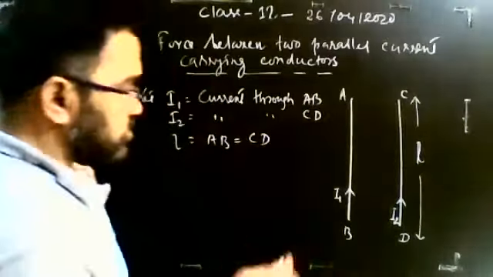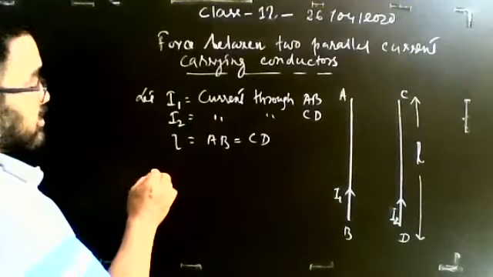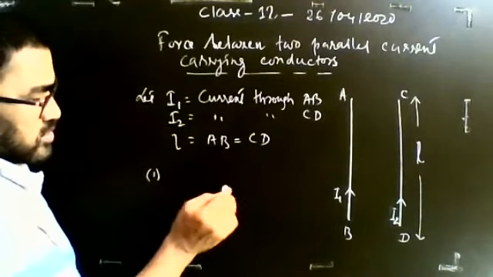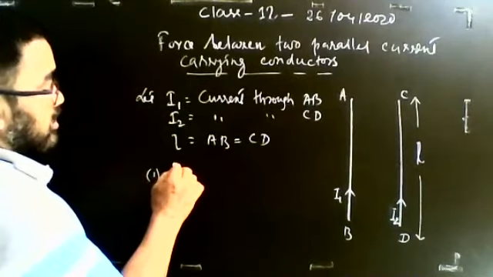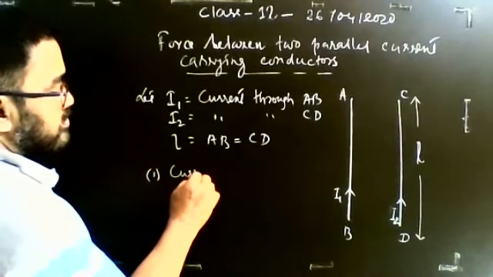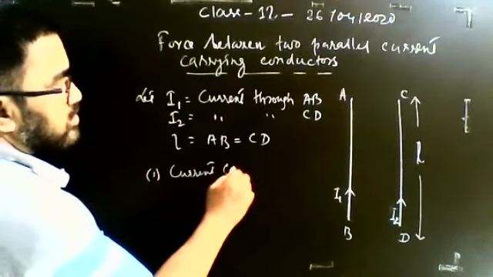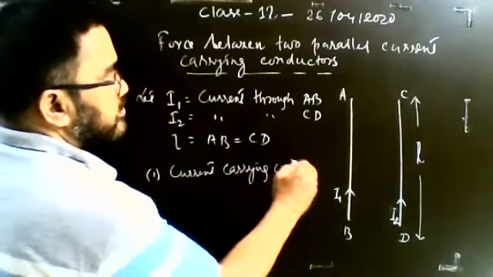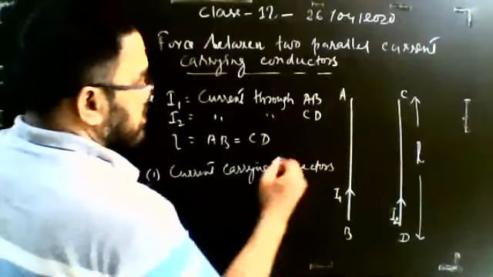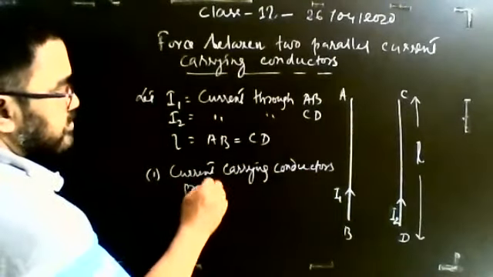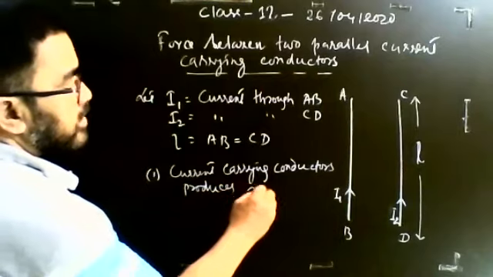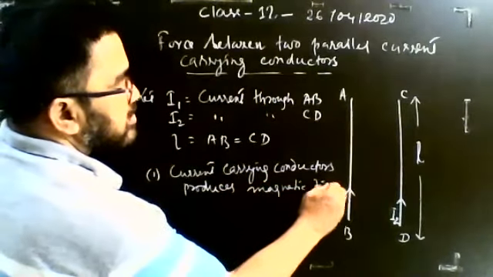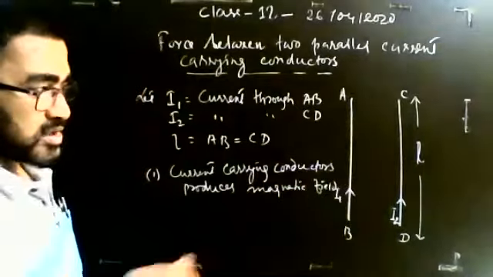So two important points to be noted. Number one, current carrying conductors produce a magnetic field. So we can find out the strength of the magnetic field.